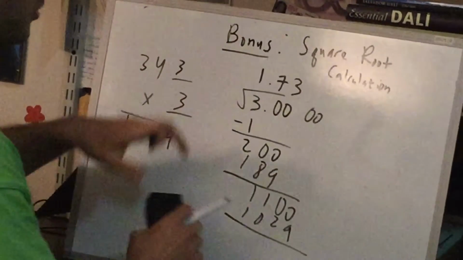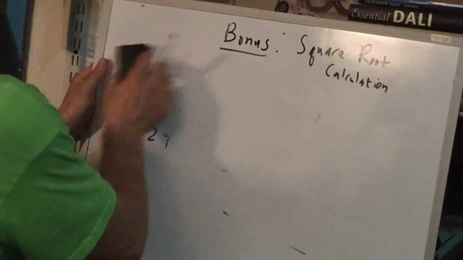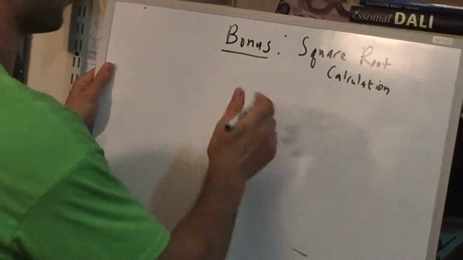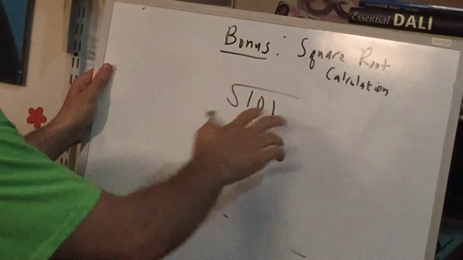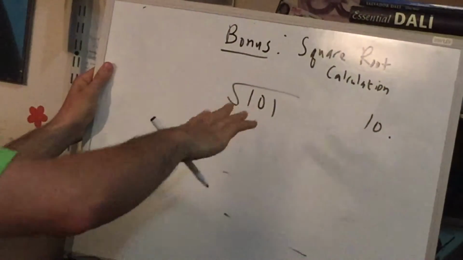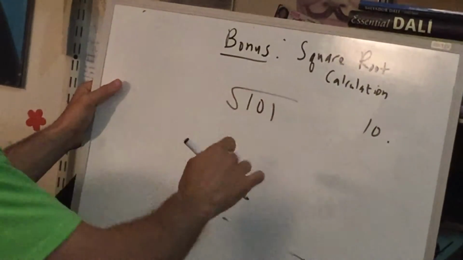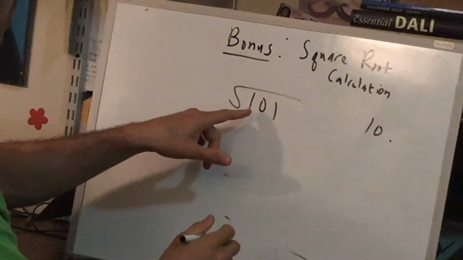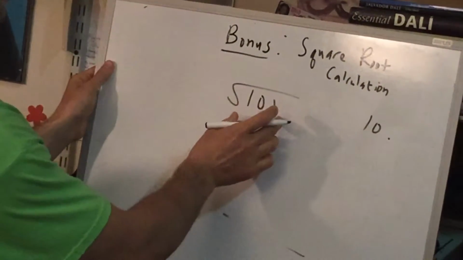So let's do 1 or 2 more examples just so you guys get the hang of this. So let's say you want to do the square root of 101. Now we know this answer should be 10 point something just through common sense. So if our answer doesn't agree with this, it's wrong. So in this case, what we're going to do is see which number squares.